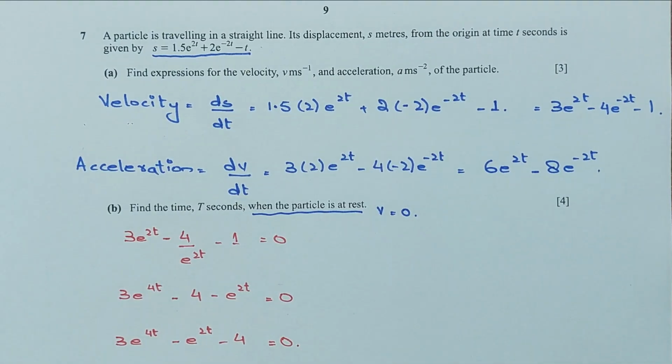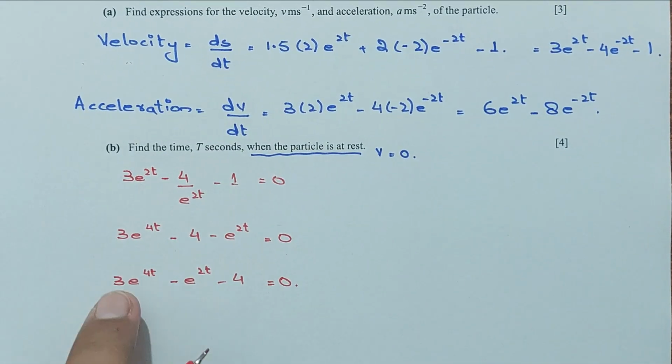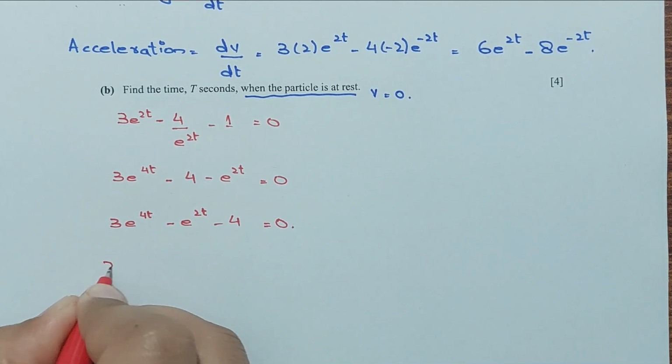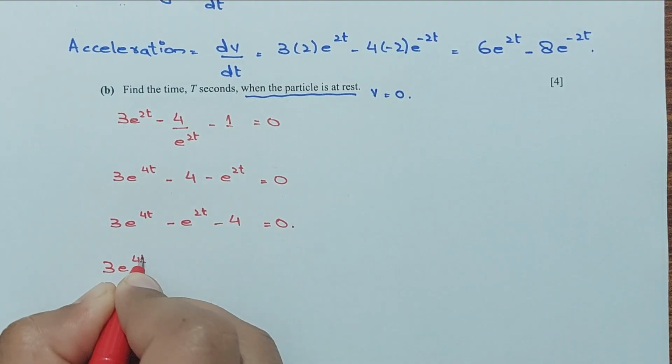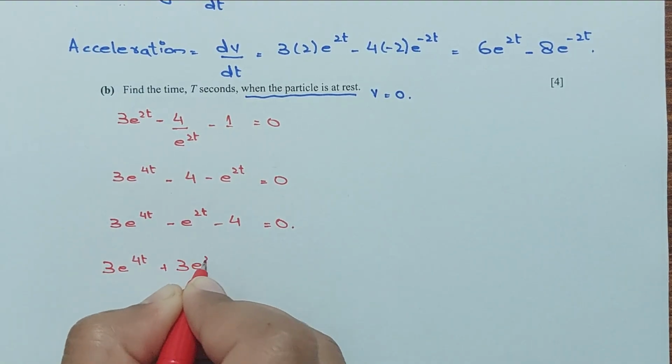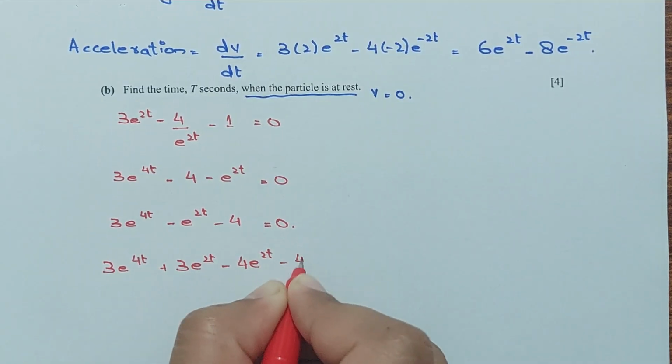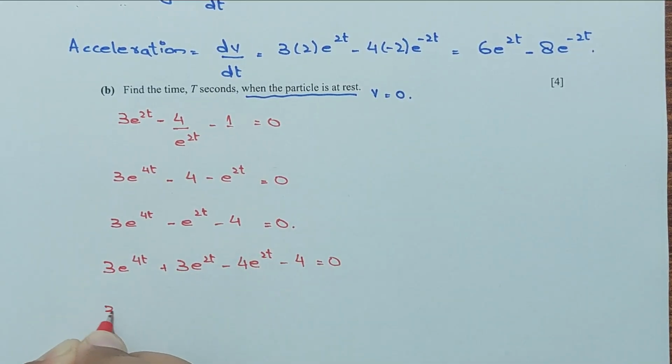Right. Now let me factorize this. We have 3 times 4 is 12, and we can say 3 minus 4. So 3 e power 4t plus 3 e power 2t minus 4 e power 2t minus 4 equals 0. So 3 e power 2t is common, leaving e power 2t plus 1.